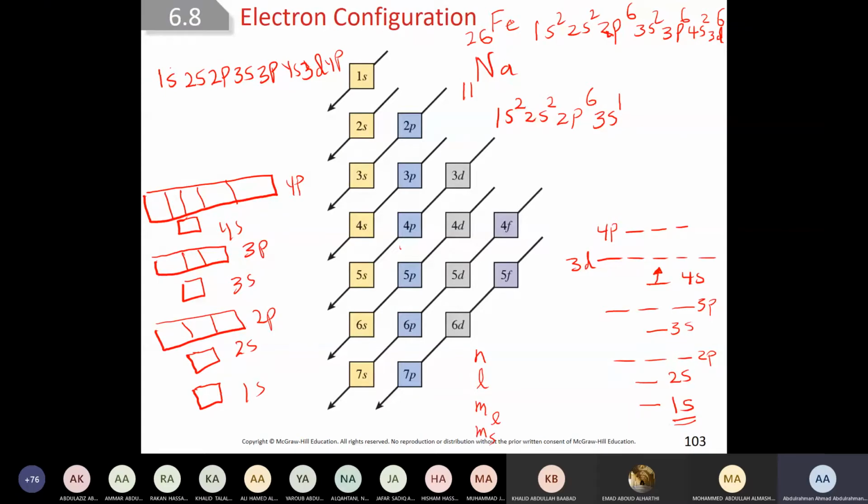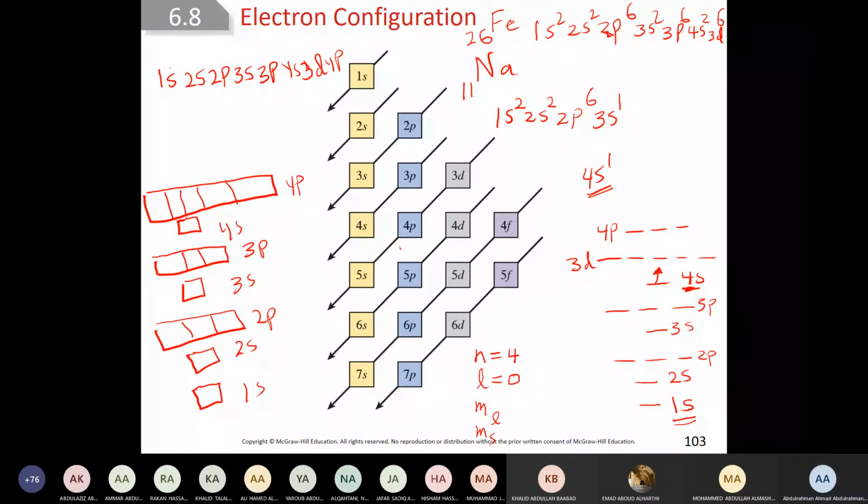So if there is an electron in 4s1, which is here, what is the value for N for this electron? 4. Exactly. The first number we write here is the value for N, which is 4. What's the value for L? 0. Why 0? Because it is S, this means it is 0.